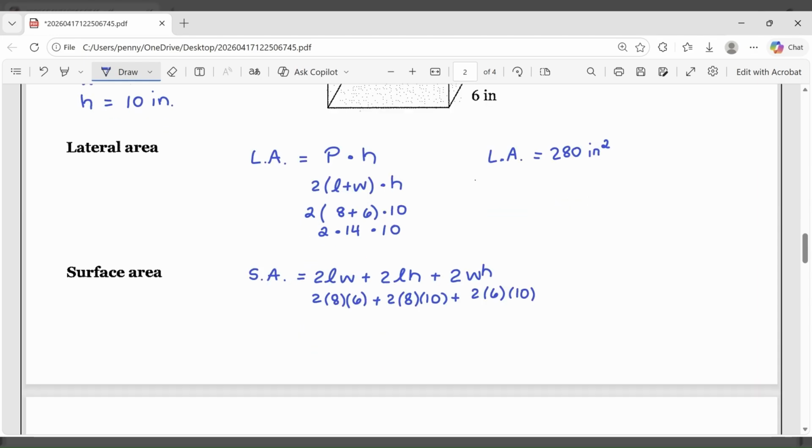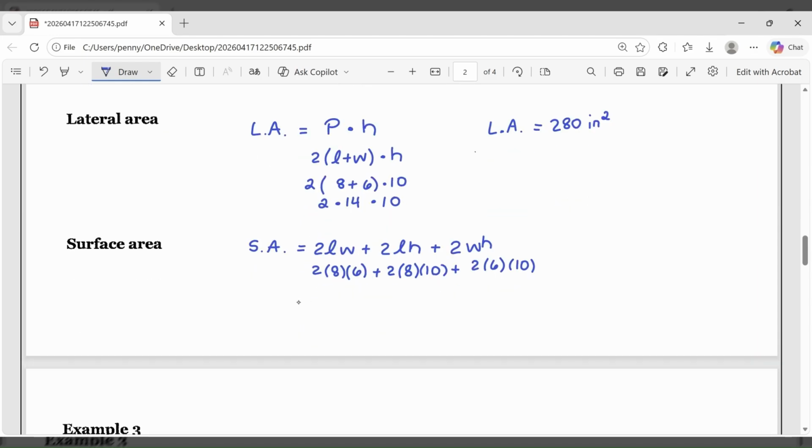Now we could enter that in as one step, or we can go through and look at each one. We have 2 times 8 times 6, that's 96. 2 times 8 times 10, that's 160. Plus 2 times 6 times 10, that's 120.